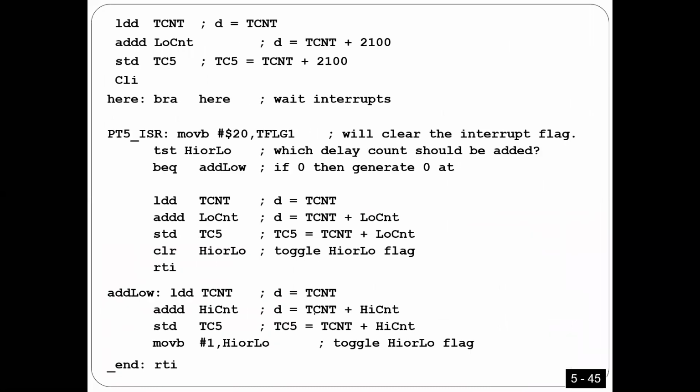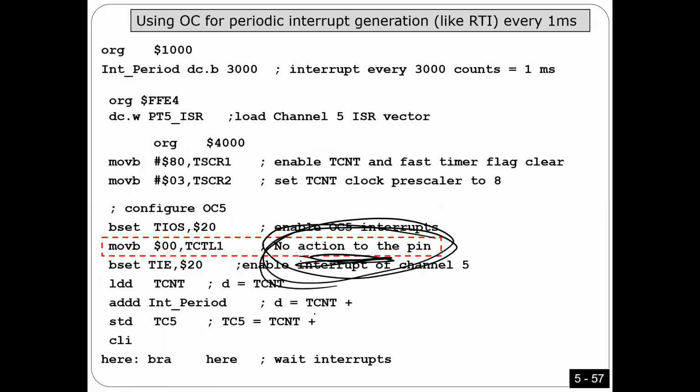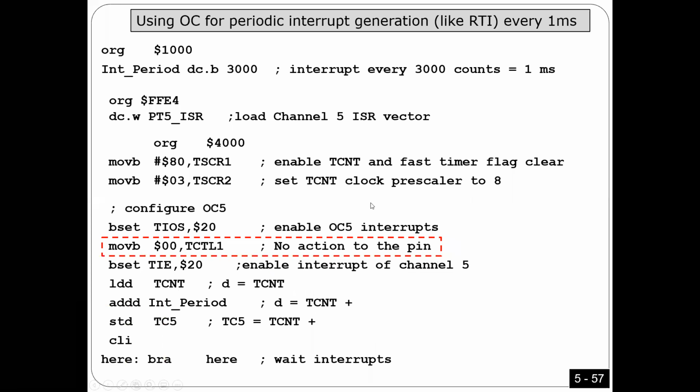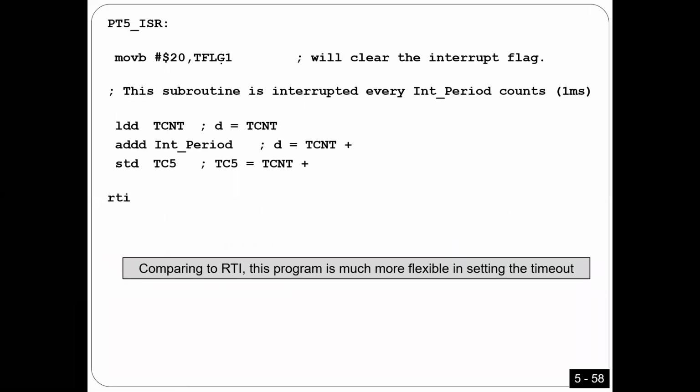So I'm going to use output compare as RTI. I just want to generate periodic interrupts, right? That's it. All I did in this program, in this part, is just configuration. Nothing is new, similar to what I did before. And then here I make a variable, interrupt period, and I put it at 3000.